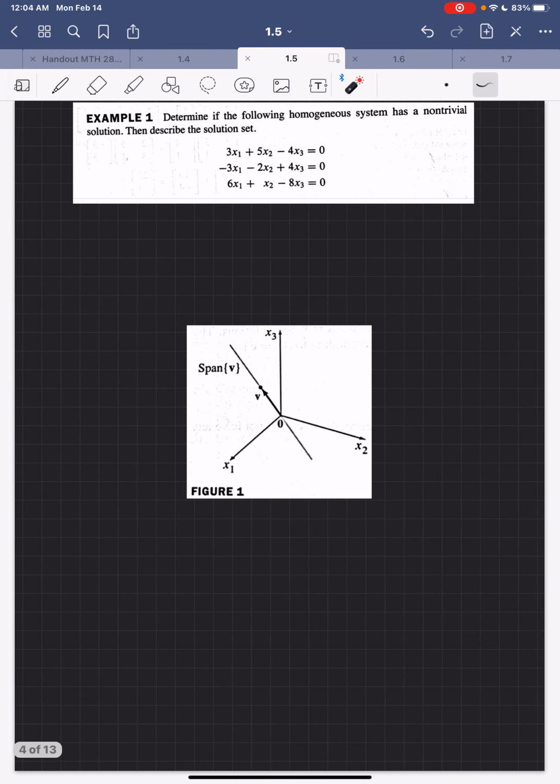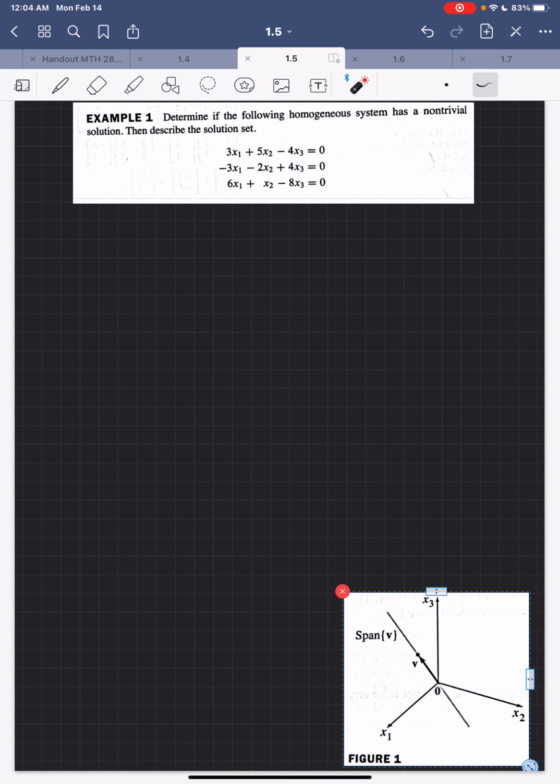Let's begin. So the first question, and I'll read it in its entirety because a lot of times in linear algebra, understanding what you're supposed to do and when you're supposed to do it is the hard part. The question reads as follows. Determine if the following homogeneous system has a non-trivial solution. This, of course, is a system, and because it's already set equal to 0, it is a homogeneous system.